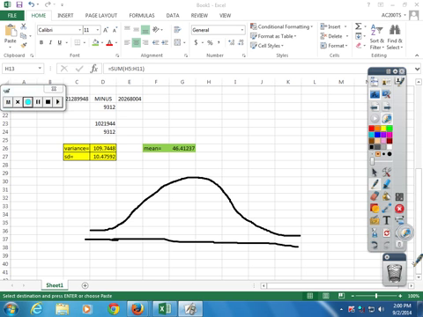The average is the number that represents no variation. Average is a number that represents no variation.